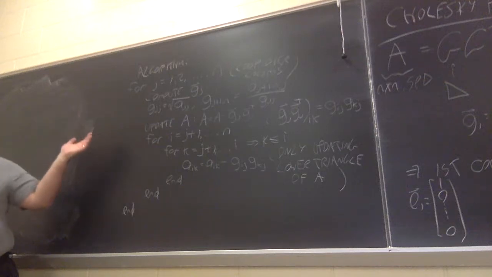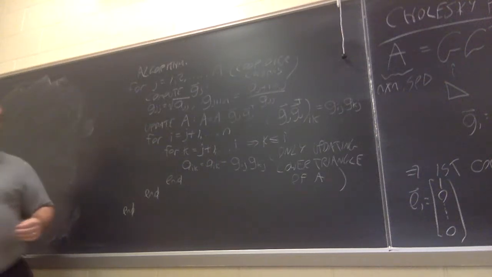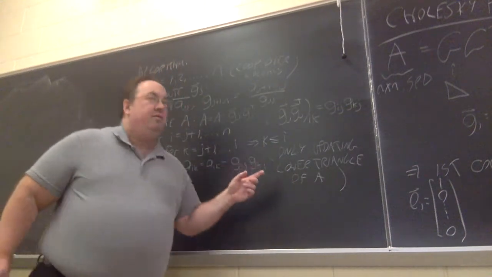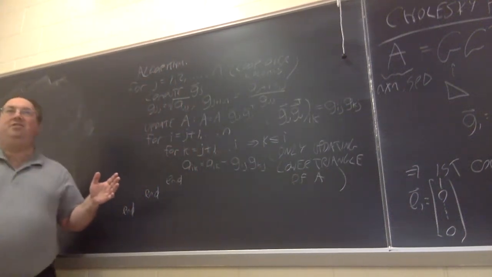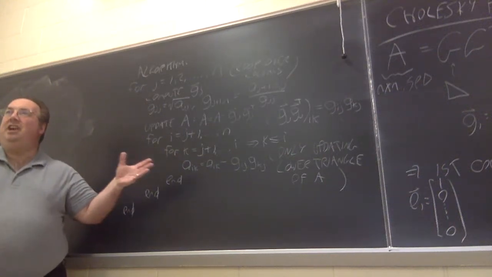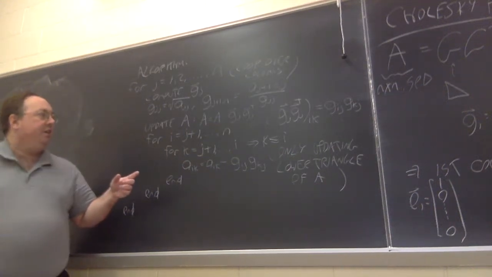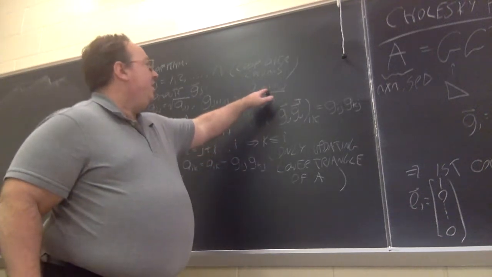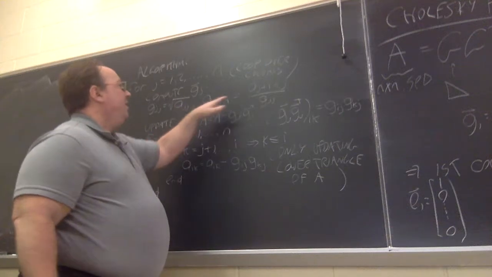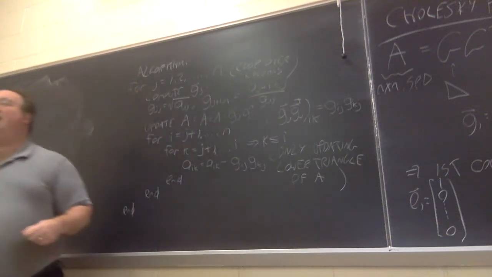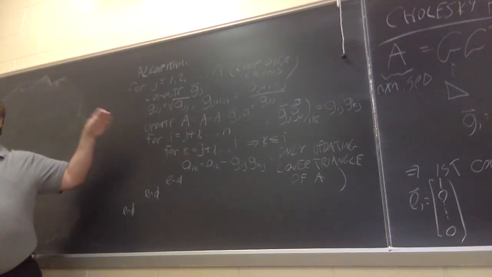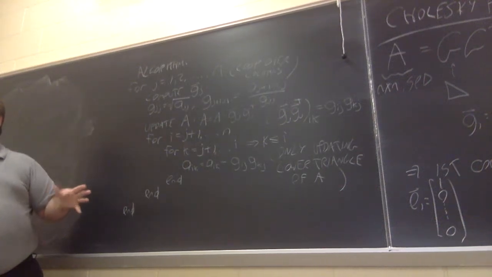The upper triangle is the same. And in fact, the goal here is not to wipe A out. The goal is to compute G. In order to compute G, if you look at these entries here, notice the row index is always greater than or equal to the column index.